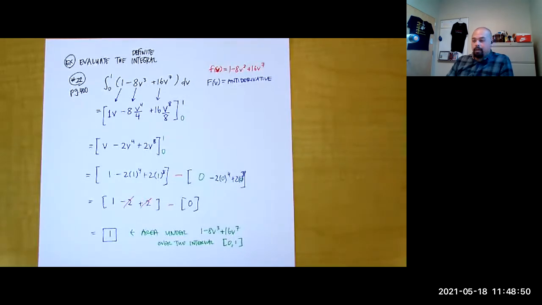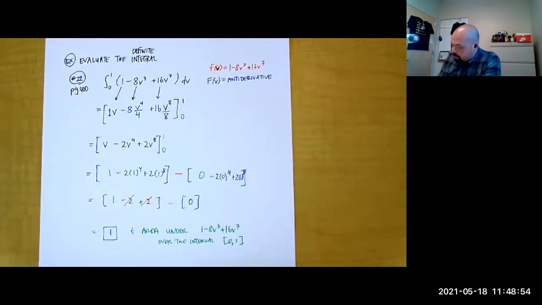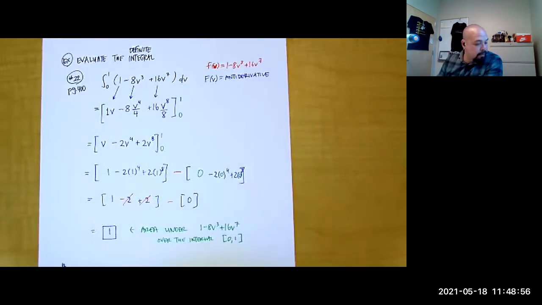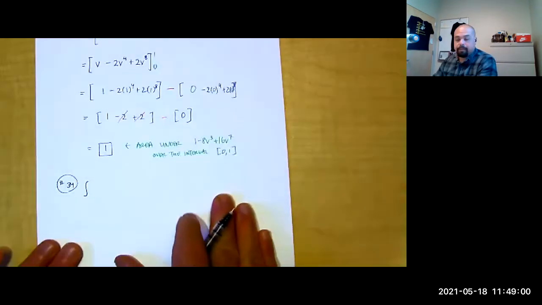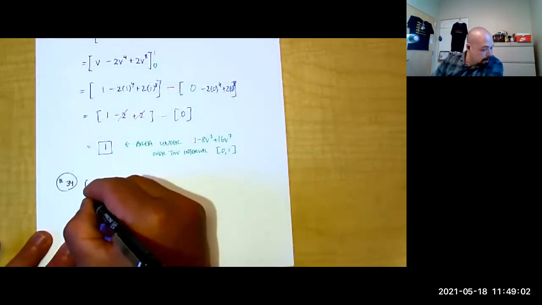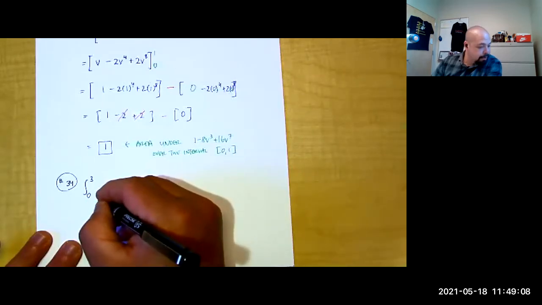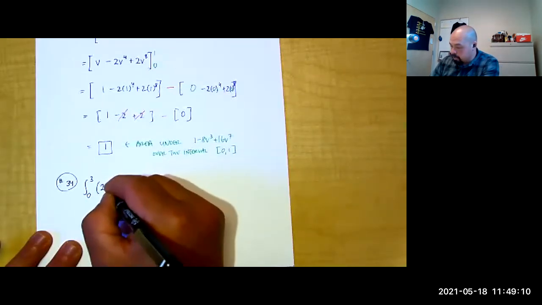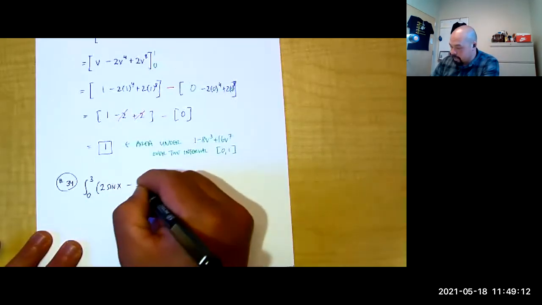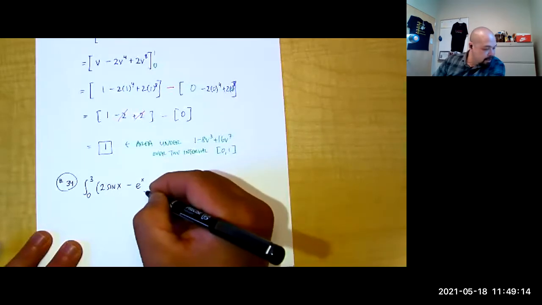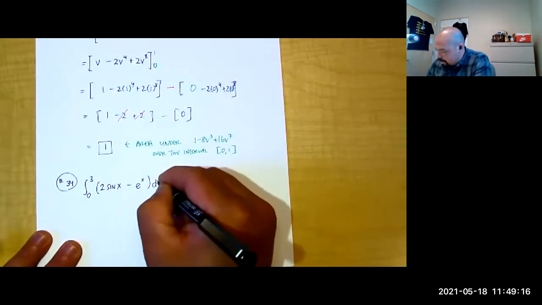Okay. Let's check out another. Check out problem number 34. Okay, this integral from 0 to 3 of this function, 2 sine of x minus e to the x dx.